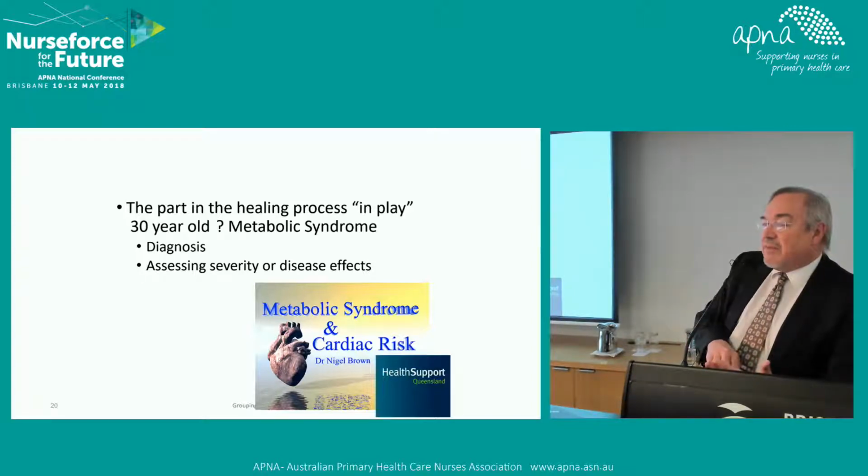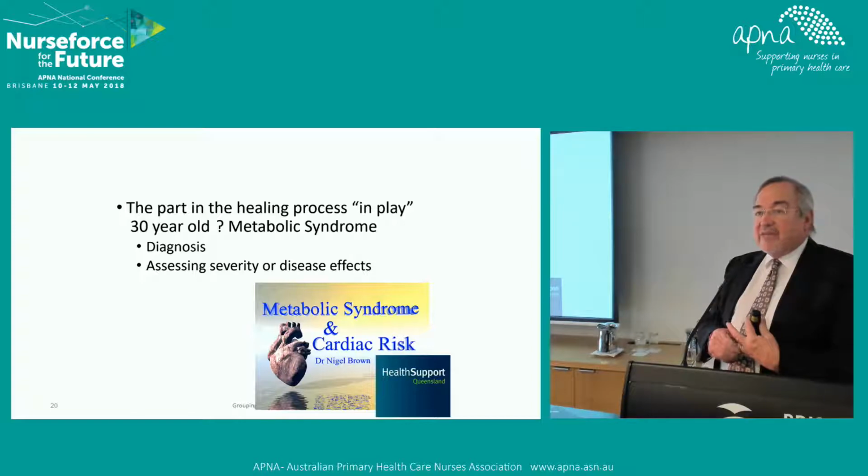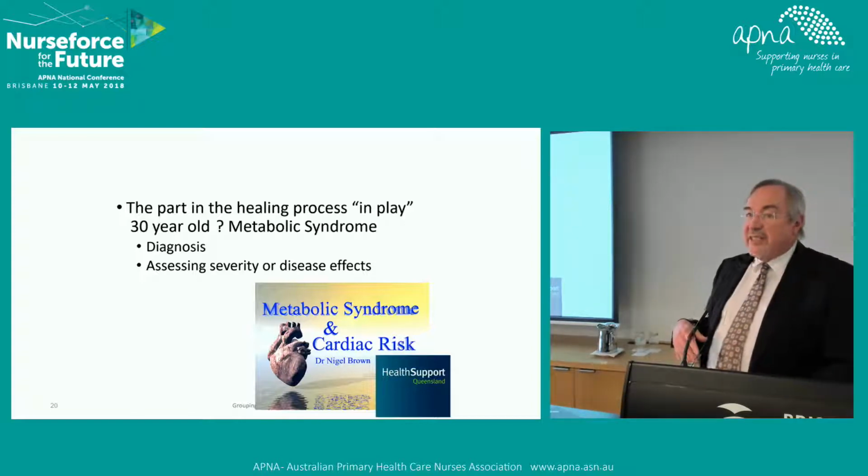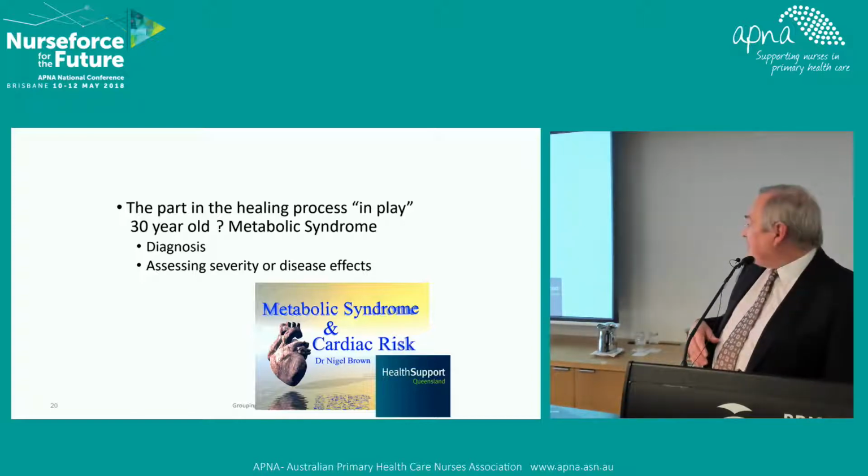So it's largely waist circumference as a marker of central obesity, hypertension, and then lipids, in particular triglyceride elevations, as a reflection of insulin resistance, is what you're looking at to make the diagnosis.